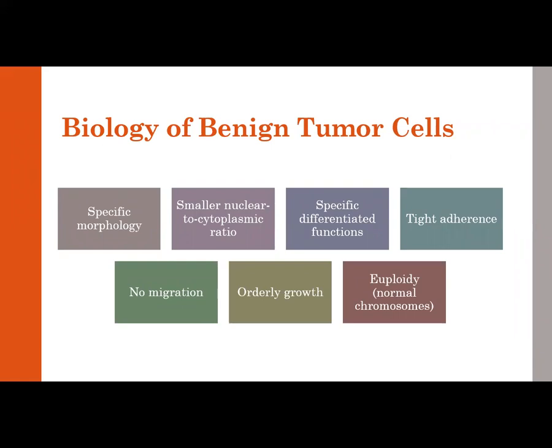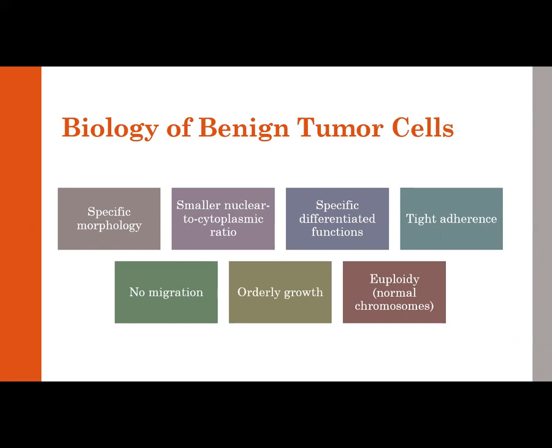So once again, this is the biology of a benign tumor cell. In contrast, you can see that there are some things that are different between our normal cells and our benign cells, but there are some things that are the same.